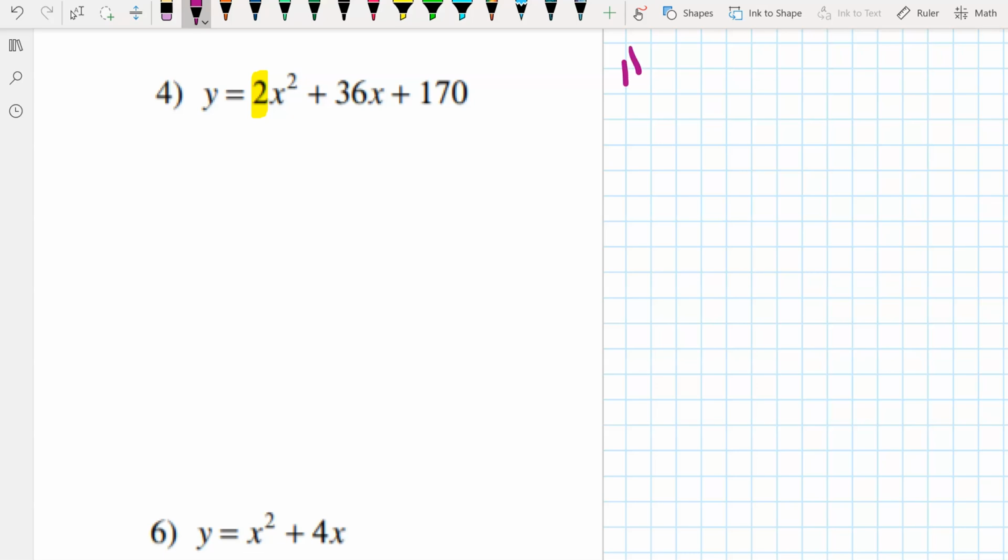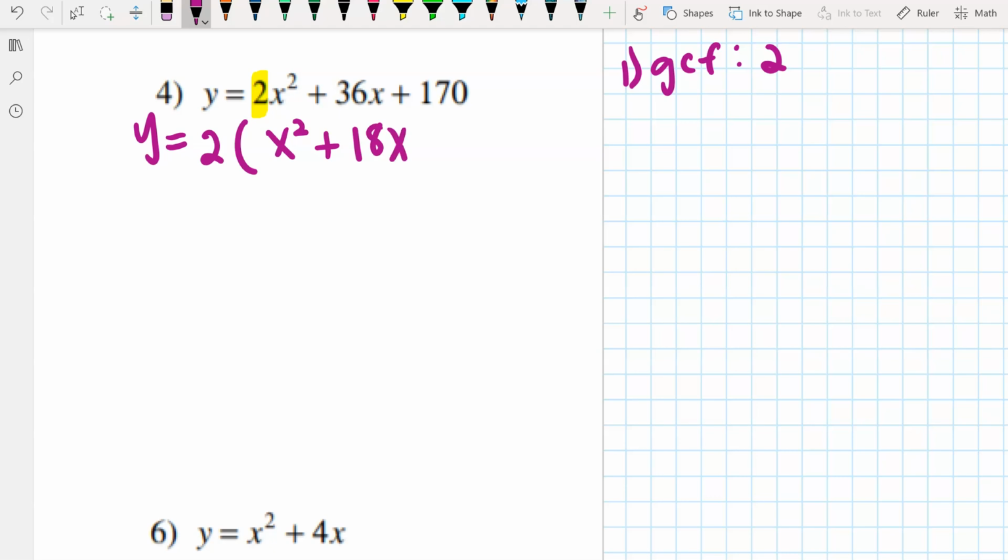What we are going to do is say that 2 is our GCF, and we're going to create a GCF from our problem. So pulling out the 2, we get an x squared. 36 divided by 2 is 18, and 170 divided by 2 is 85. So we did our a. Our a is simplified. Our a is 1. We now have a GCF out front.